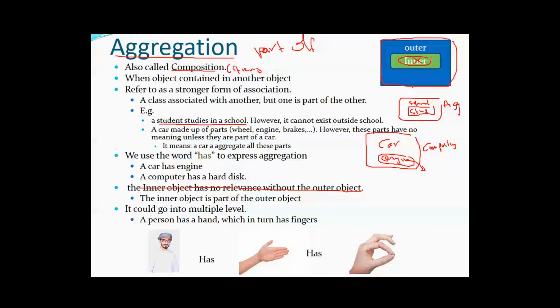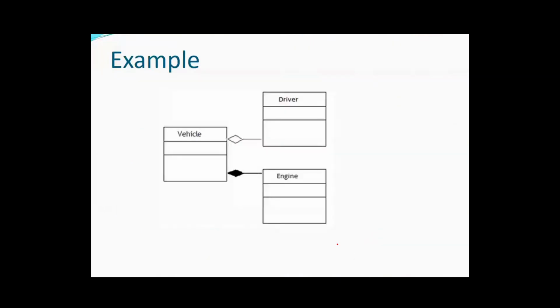Okay? It could be multiple levels. For example, a person has a hand. This is aggregation. And the hand has fingers. So we have two levels of aggregation. We can also have fingers has nails. Okay, so this is multiple levels of aggregation. You can go further, more and more. This is an example.